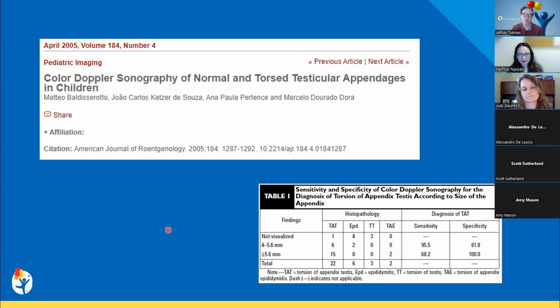I'm hoping that a lot of ED providers and urologists know that that's a possibility. I've tried to find literature about what percentage of the time there is an underlying torsed appendage in cases of epididymitis. I personally haven't been able to find anything, but I think just recognizing that it is a possibility. If I see the nodule, I report it. If I don't, I just call it epididymitis and leave it at that.